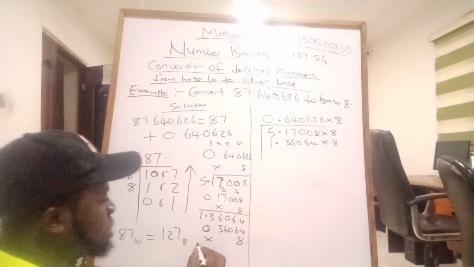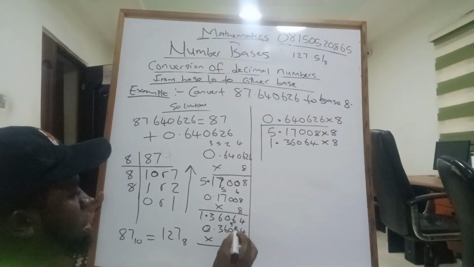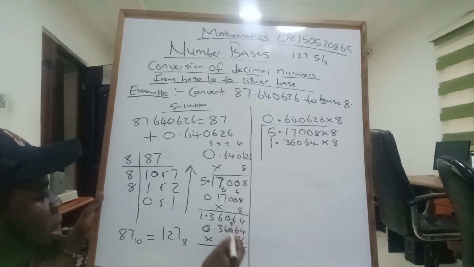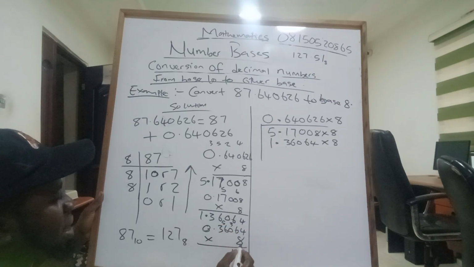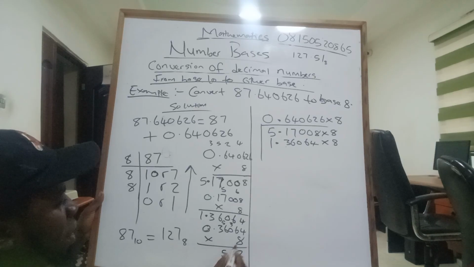So let's see this one. 8 times 4 is what? 32. Right? Keep 3. 8 times 6 is 48. 48 plus this will give you what? Plus 3. 48 plus 3 will give you 51. Keep 5. 8 times 0 is 0. Then we write 5. 8 times 6 is 48. We write 8.